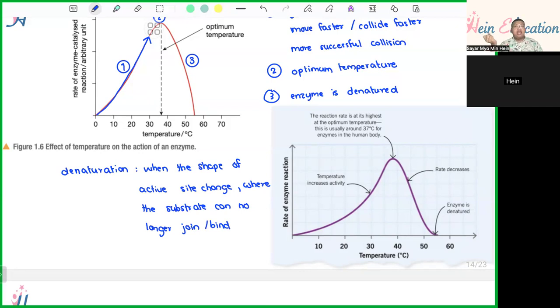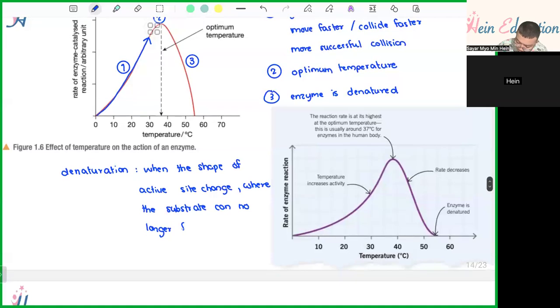So denaturation means the shape of the active site changes where the substrate can no longer fit in, right? So imagine, right?